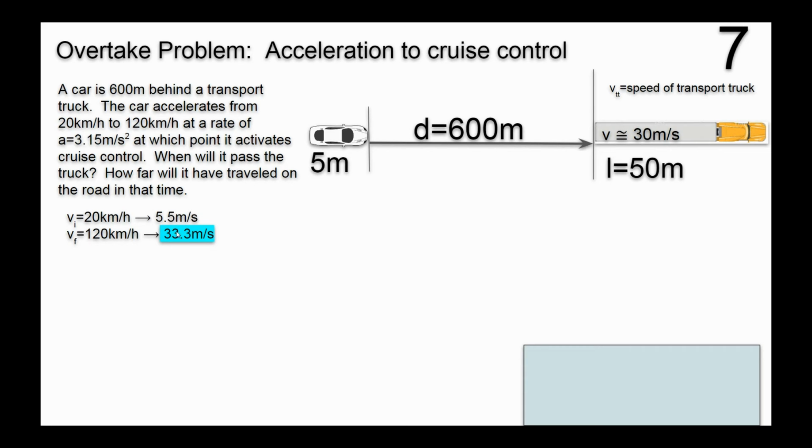If this speed here was, say, 29 and that was 30, then eventually the car cannot possibly catch up. Given the acceleration of 3.15 meters per second squared, it's pretty trivial to figure out the car is accelerating for 9 seconds.